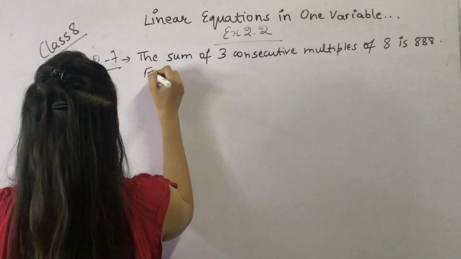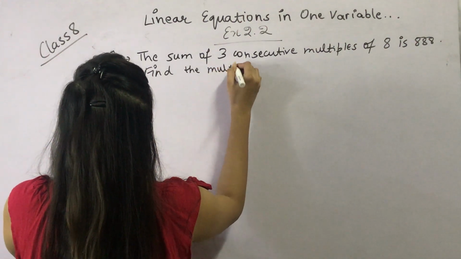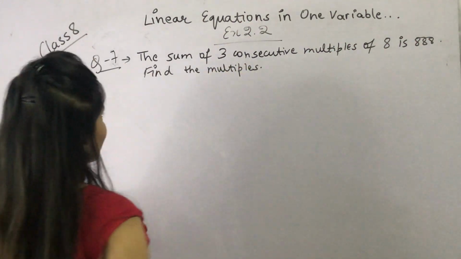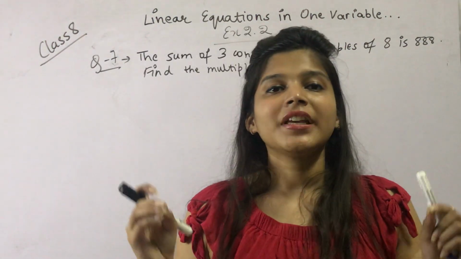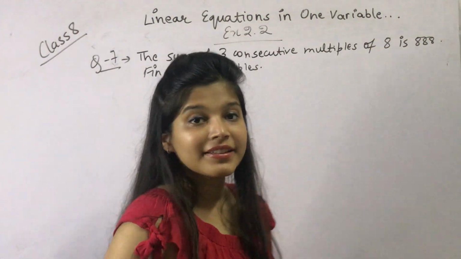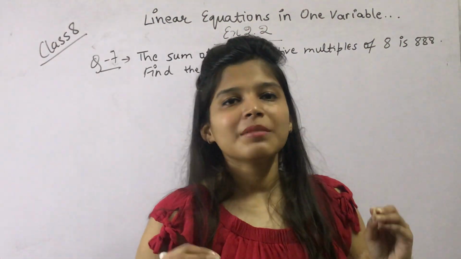Find the multiples. Now, in our last question, we did the sum of three consecutive integers, and in this question, it is the sum of three consecutive multiples of 8.